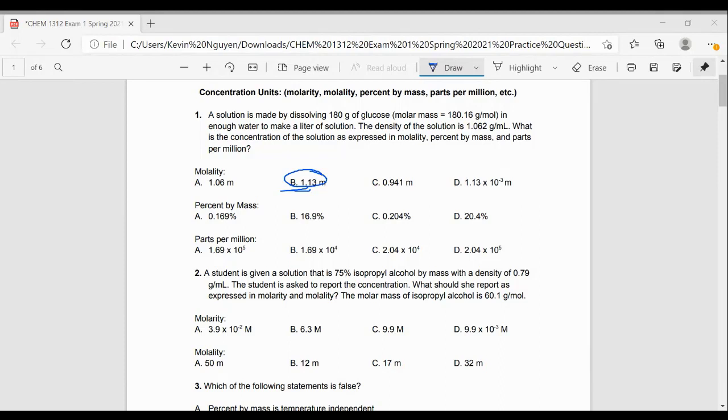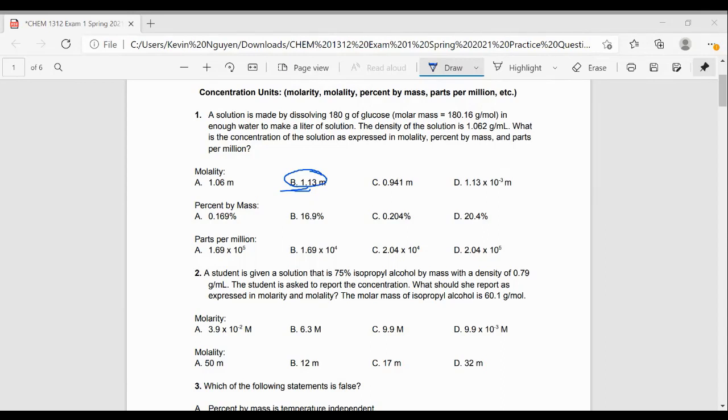Okay, and then the next one, parts per million. Parts per million is very similar to percent by mass. You want the mass of your solute divided by the total mass of both the solute and the solvent, so the mass of the solution.